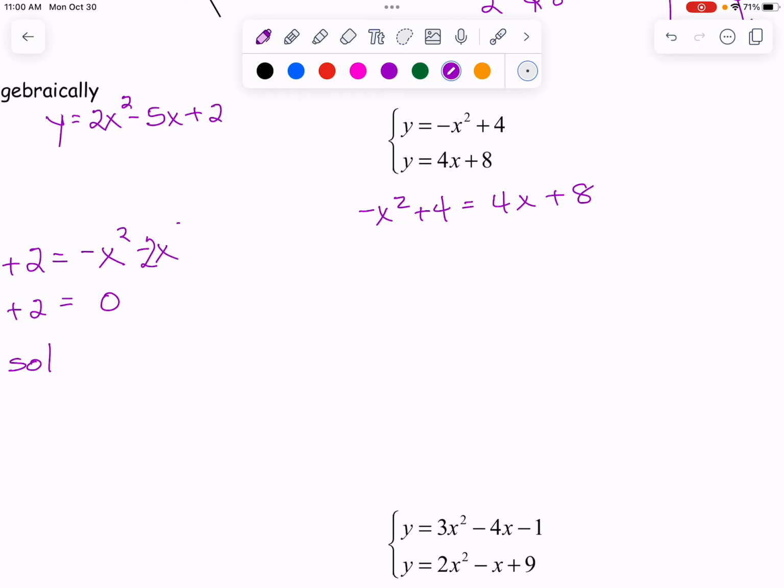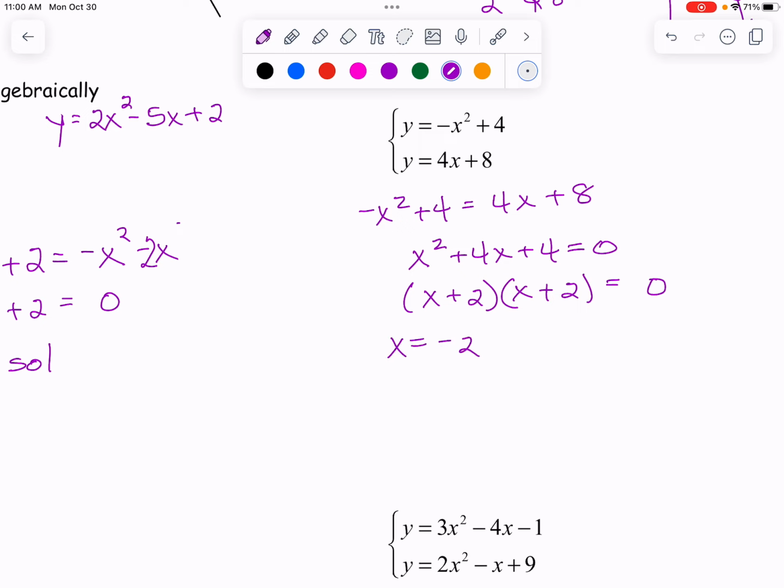I want my x squared to be positive, so I'm going to move everything over: x squared plus 4x plus 4 equals 0. And then I am going to factor. So this would be x plus 2, x plus 2. So we can see that this is going to have one solution, and the x value is negative 2.